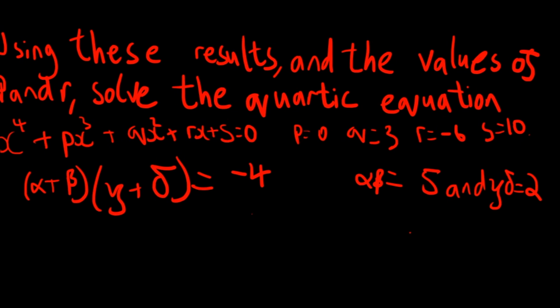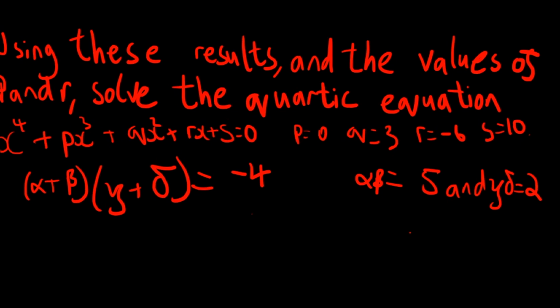So a good strategy would be, because we have equations with alpha and beta together, to get another equation involving alpha and beta, and then use simultaneous equations to find alpha and beta, and then do the same with gamma and delta. So as the question suggests, maybe we should use the value of p and r.